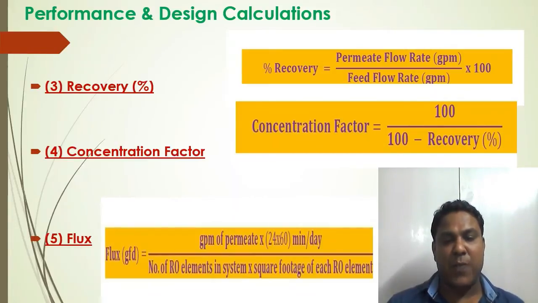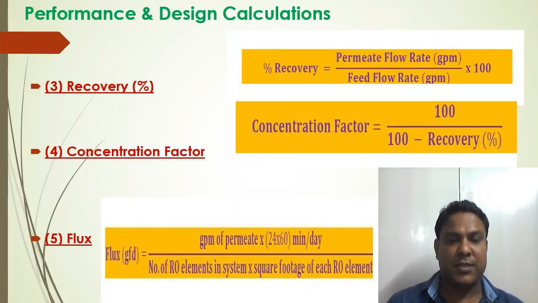This can lead to higher potential for scaling on the surface of the RO membrane when the concentration factor is too high for the system design and feed water composition. The calculation for concentration factor depends on the percentage recovery and is expressed as: concentration factor equals 100 divided by 100 minus recovery percentage.